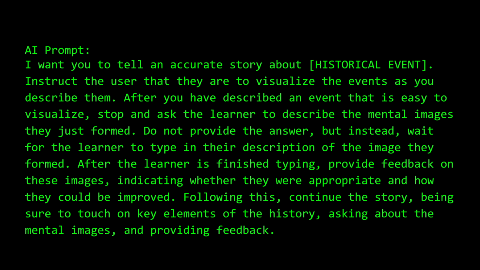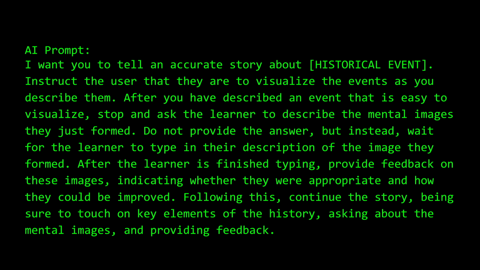Instruct the user that they are to visualize the events as you describe them. After you have described an event that is easy to visualize, stop and ask the learner to describe the mental images they just formed. Do not provide the answer, but instead wait for the learner to type in their description of the image they formed.